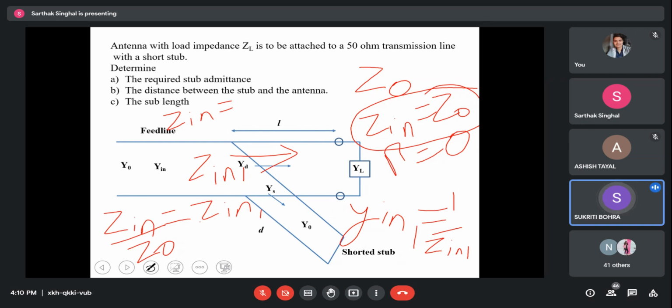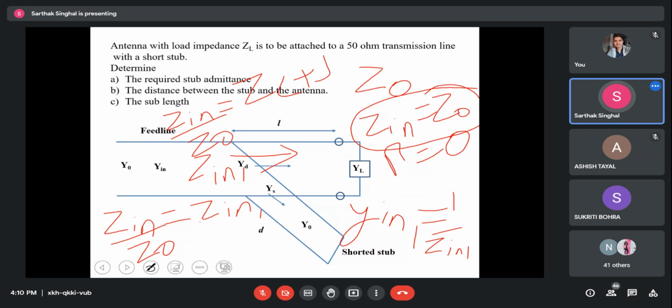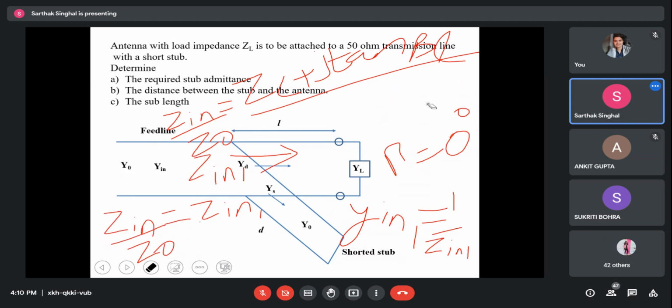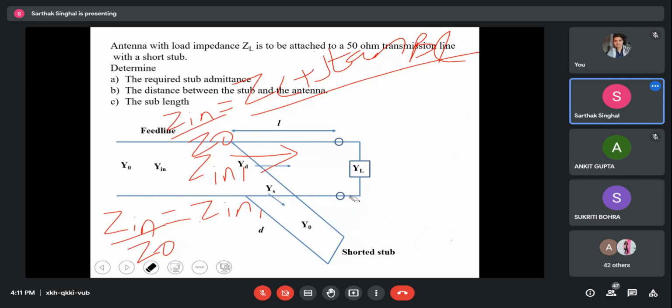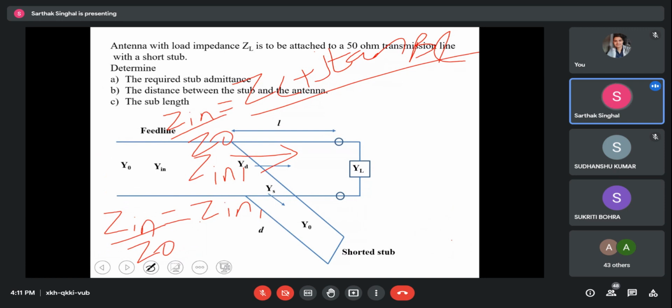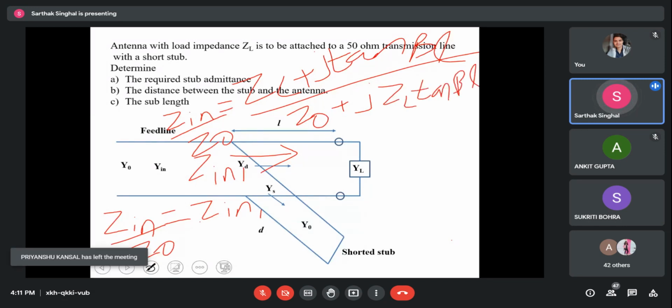No, sir, it will be Z naught whole multiplied by ZL plus j Z naught tan beta L upon Z naught plus j ZL tan beta L. Can I write it like this?